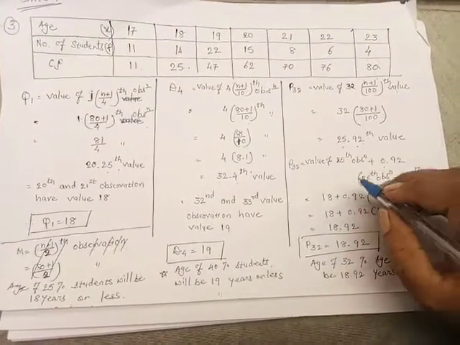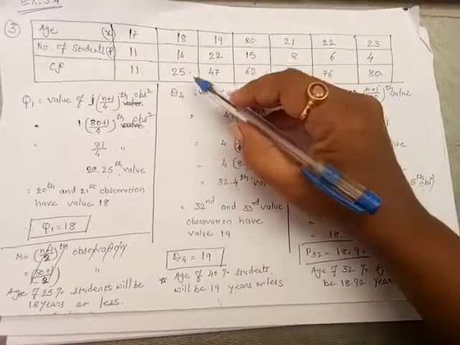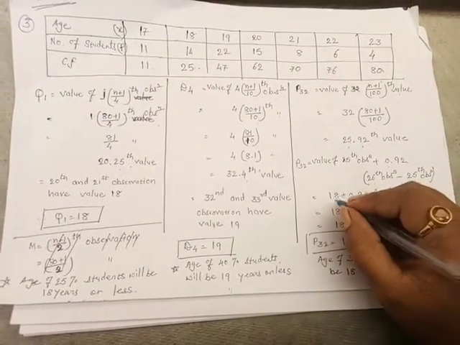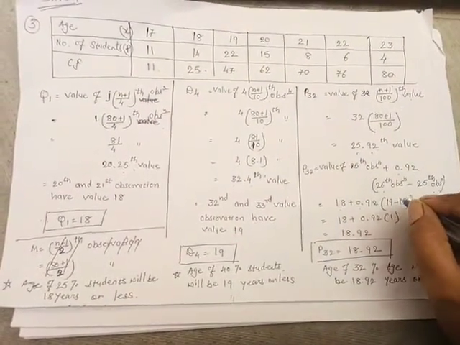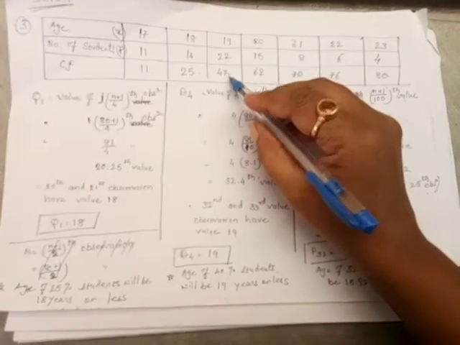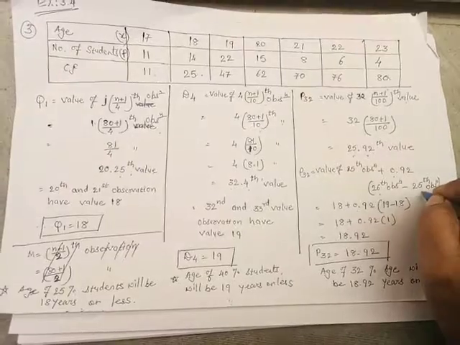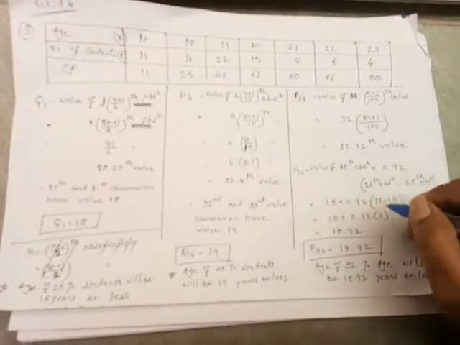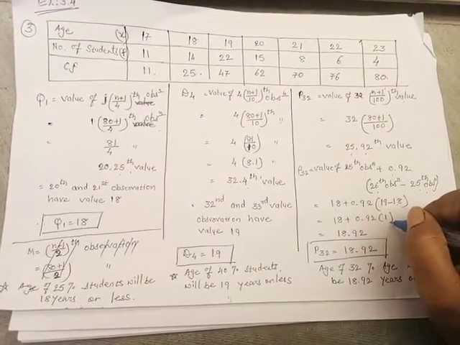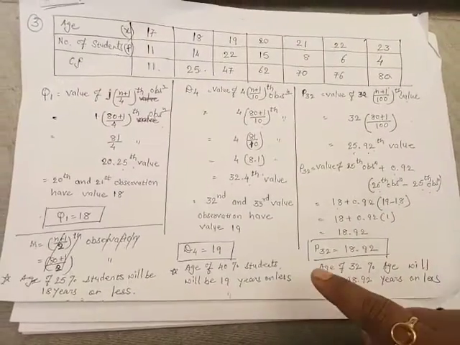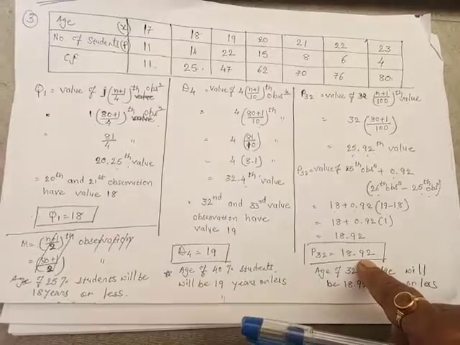The 25th lies over here, so its x value is 18. So take 18 plus 0.92 in bracket, the 26th lies over here, its value is 19. So 19 minus the 25th's x value, that is 18. So 19 minus 18 comes 1. Now simplify this, then 18.92 comes. So our P32 is 18.92.